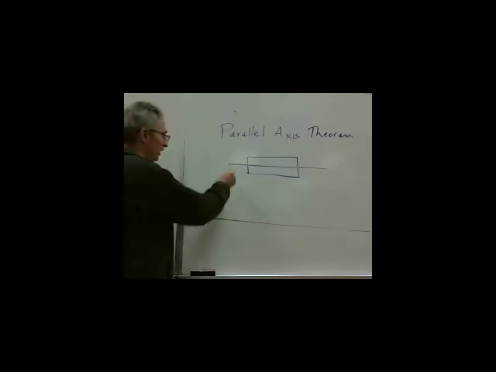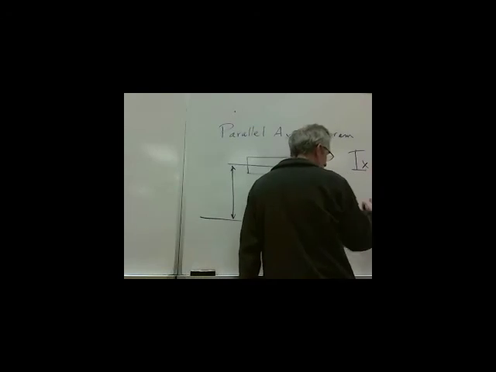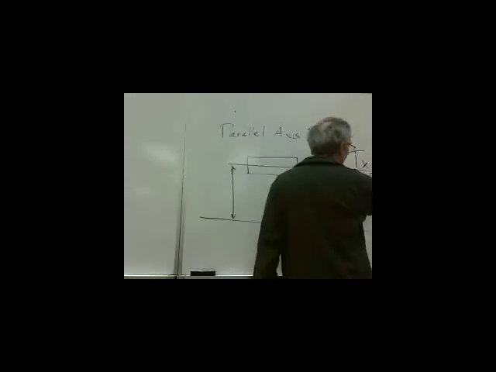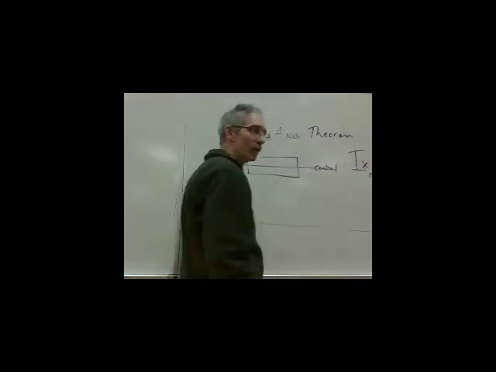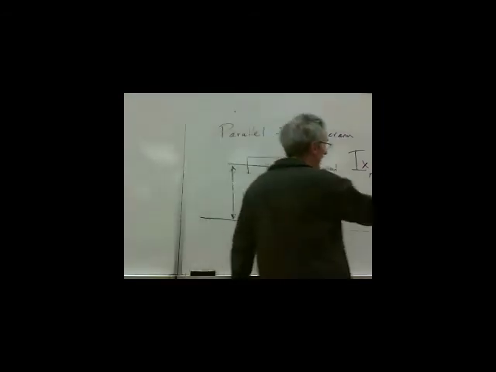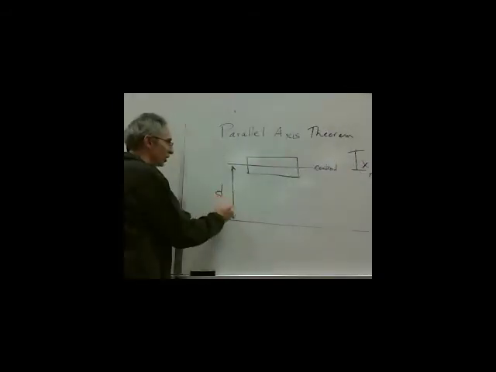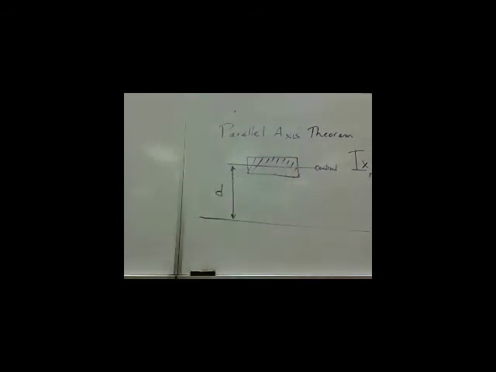Well, the parallel axis theorem says all you have to do to find the moment of inertia about the new axis is to take the moment of inertia about the axis that you know, like the centroidal axis, and add to it a term A times d squared, where A is just the area of that shape, and d is the distance between the axis that you knew how to calculate, which would be the centroid, and your new axis.